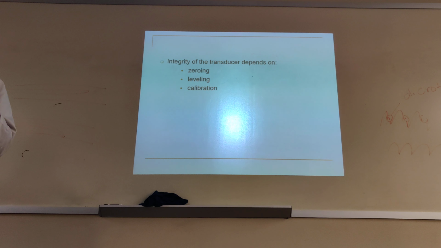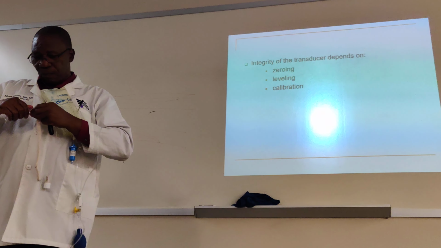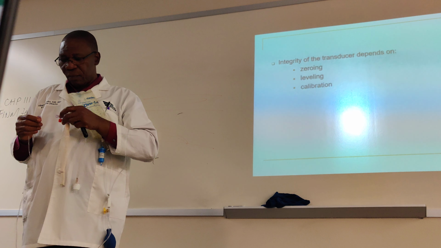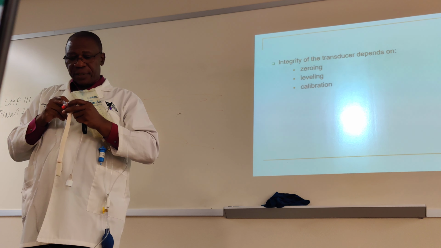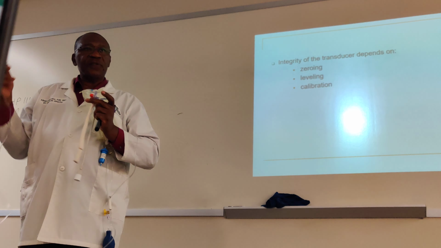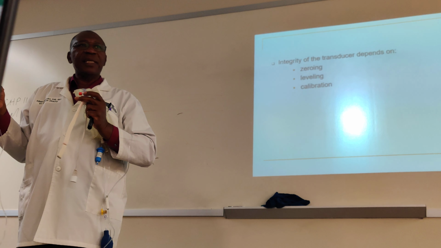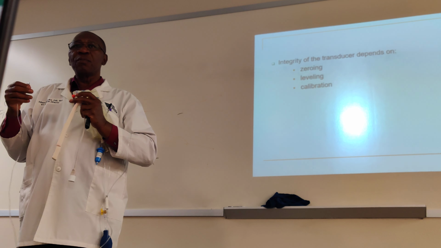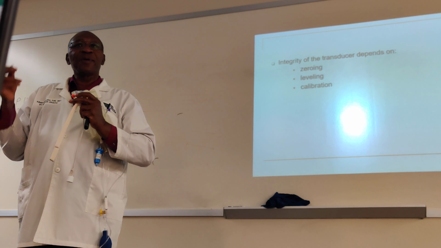Okay? So before we start measuring the patient's pressure, we have to make sure that the pressure in here is 0. Basically what we do is we open it up like that, and then we allow the transducer to equilibrate with the atmospheric pressure. If you go in the ICU, sometimes you hear that noise, boom, boom, boom, boom, boom.